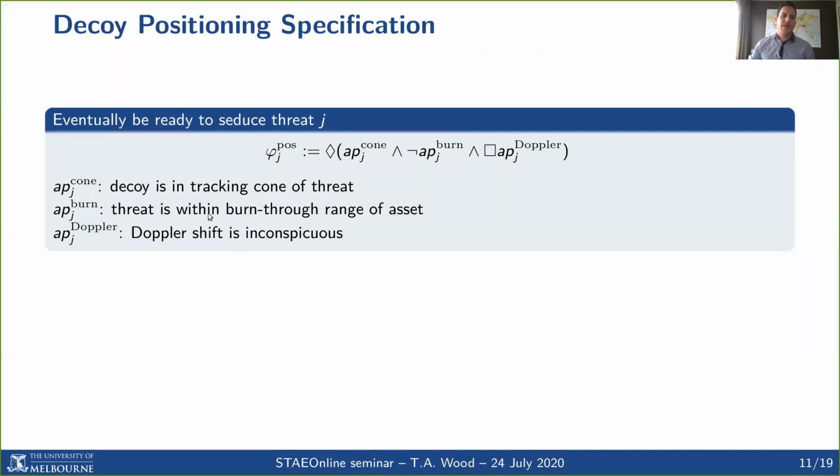And we have the Doppler shift condition. So if the Doppler shift is bounded, the threat cannot detect that it's being seduced, then that is also an atomic proposition that the Doppler shift is bounded. And we combine these 3 propositions for our mission.